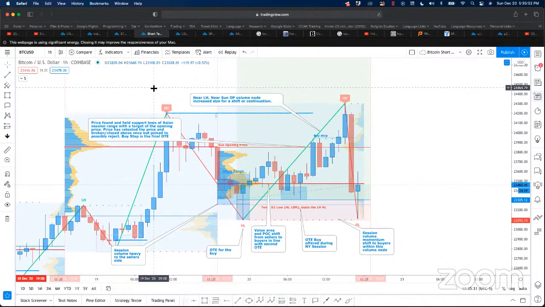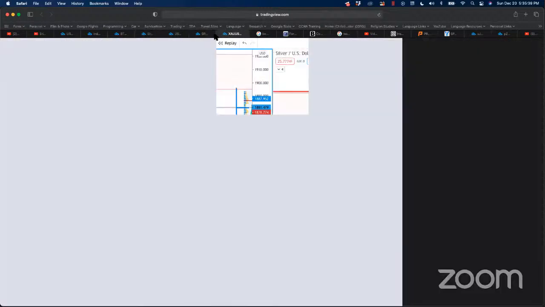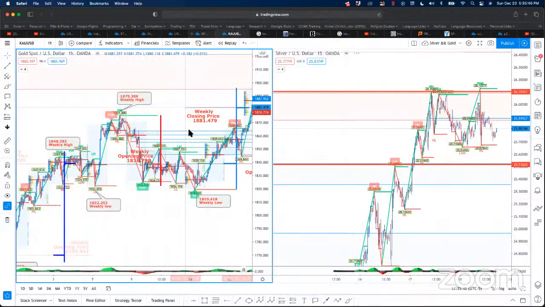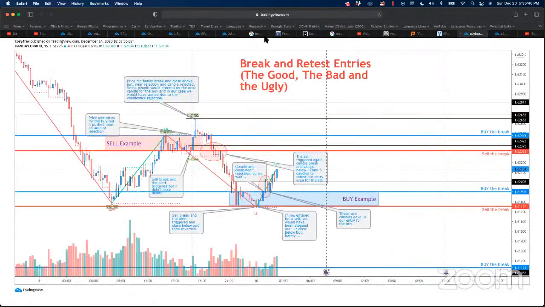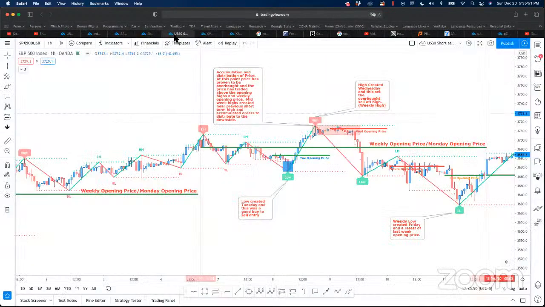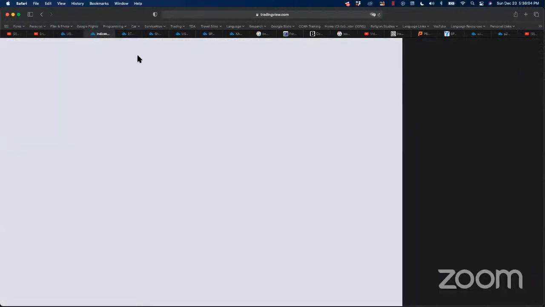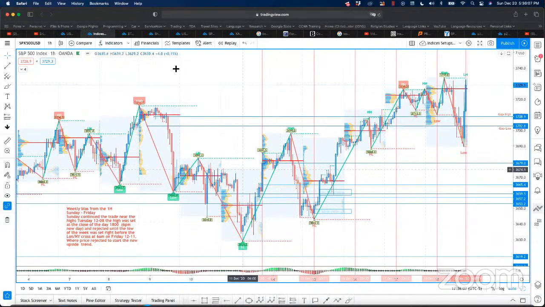So the thing I want y'all to do this week is practice this part, where you're just going through getting your weeklies and daily perspective this way.